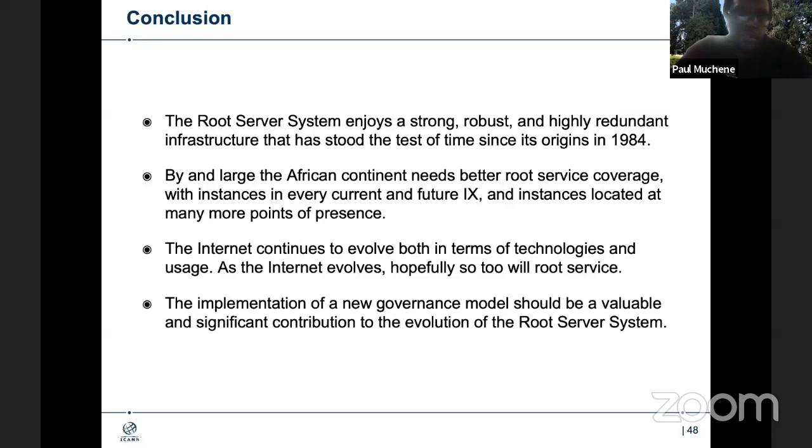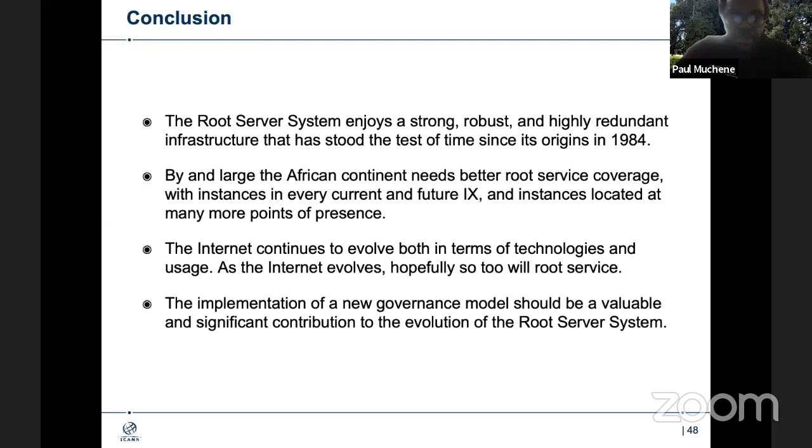With that, they'll need access to more robust and even low latency root server instances. And also with the growth of 5G and more phones, the root server system has become even more essential.